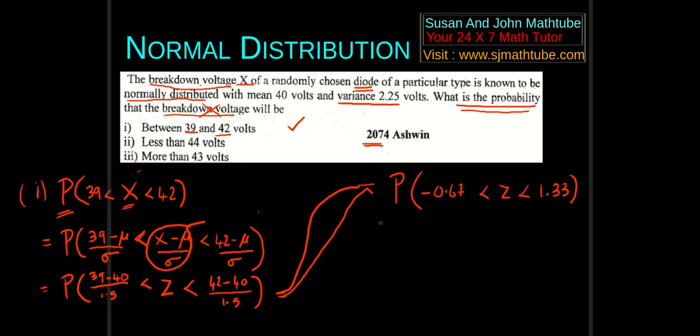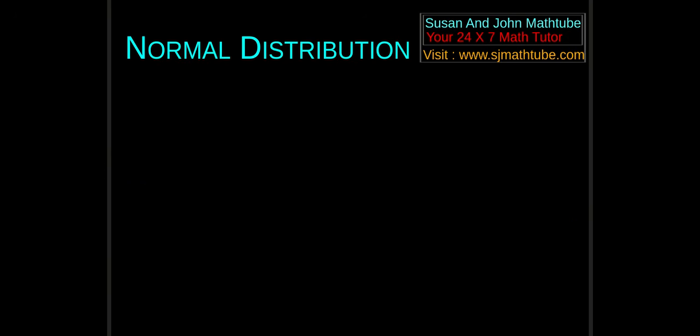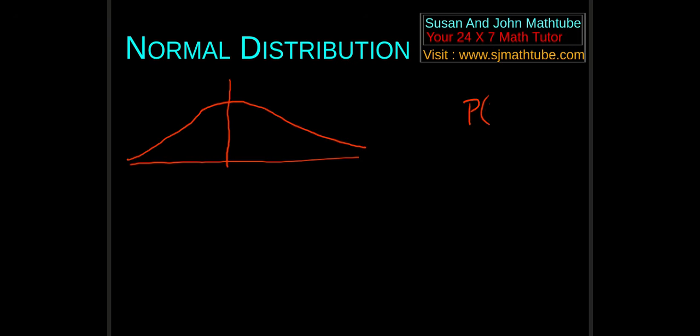Okay, now we have to discuss a few things. Look at this. This is our standard normal graph. And I hope you're ready with the tables. Suppose we want probability of Z less than, let's say, 1.67.